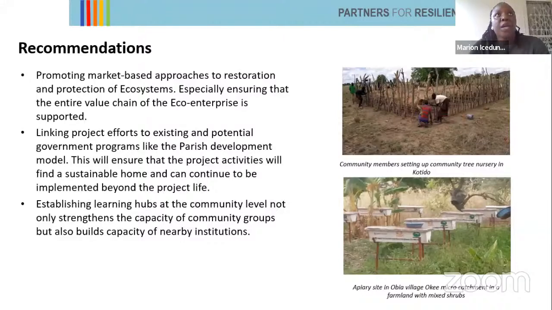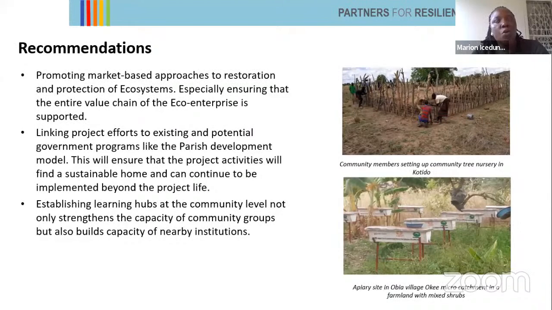For example, if you choose a nature-based solution such as beekeeping, approaching it from a market-based approach and targeting the entire value chain ensures that all members of the community feel belonging and are able to restore.